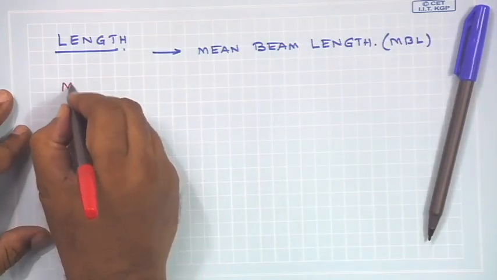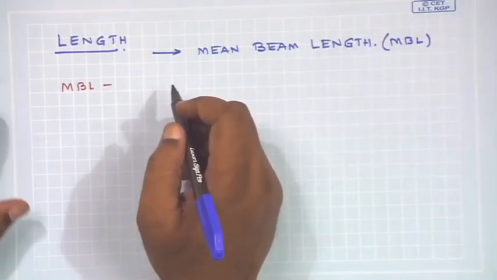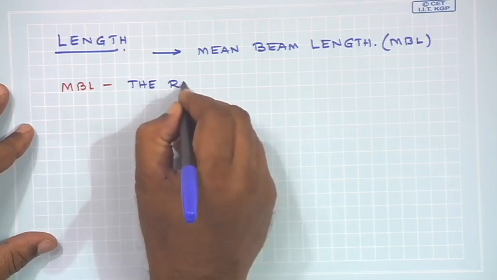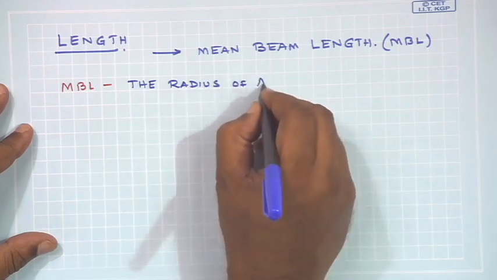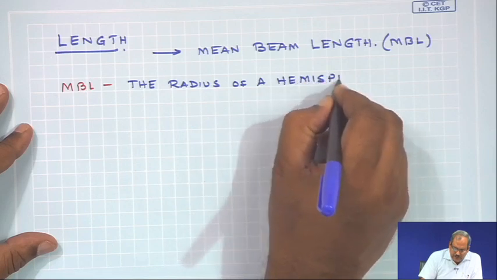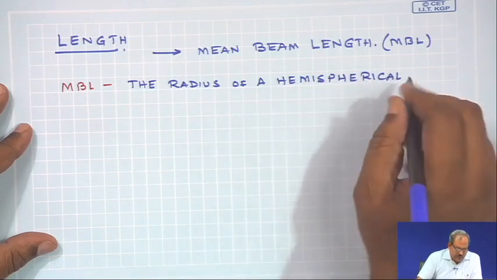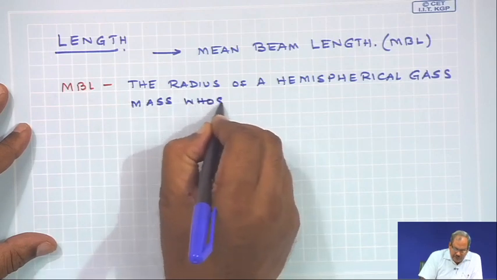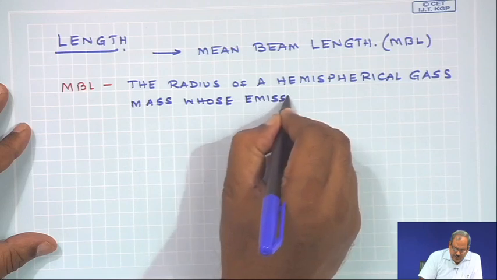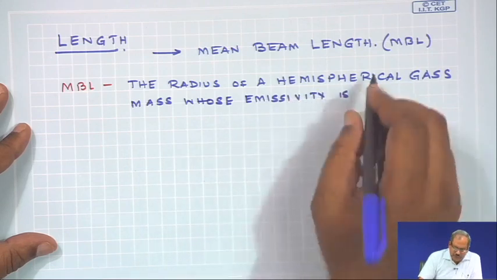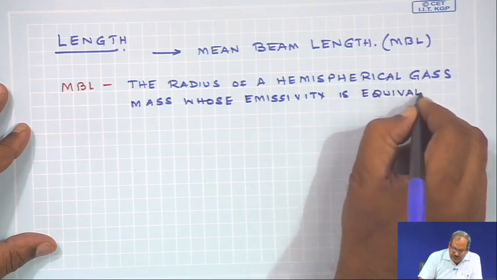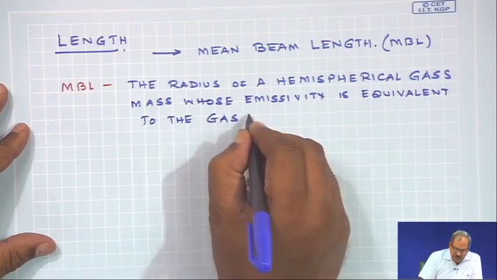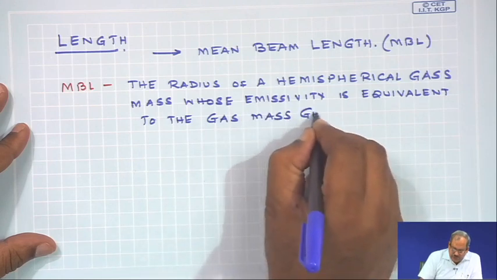The mean beam length is the radius of a hemispherical gas mass whose emissivity is equivalent to the gas mass geometry of interest.